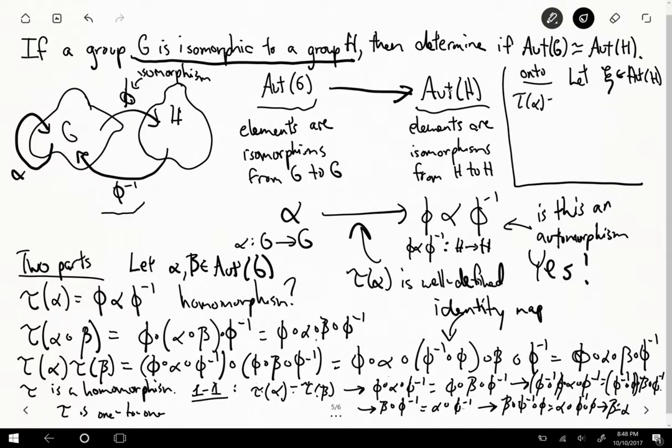Tau of alpha equals our tornado, and that implies that phi composed with alpha composed with phi inverse equals our tornado. Okay, so obviously this won't be the way we write up the proof, but it is our work to try and get there. So notice if we reverse the order, right?